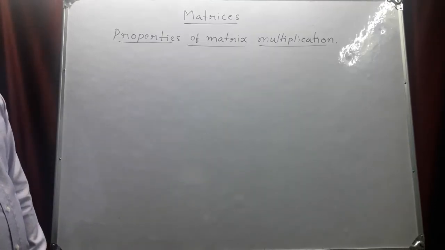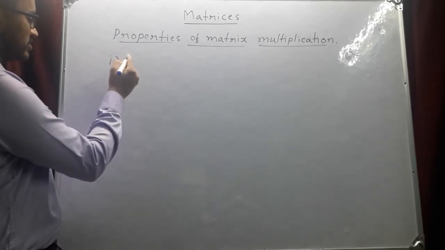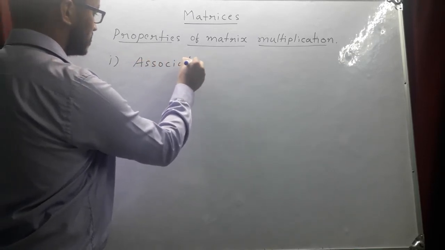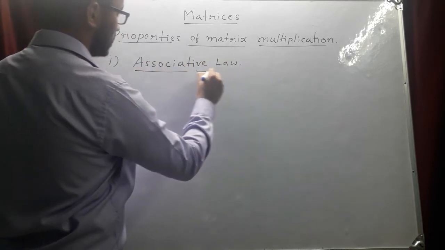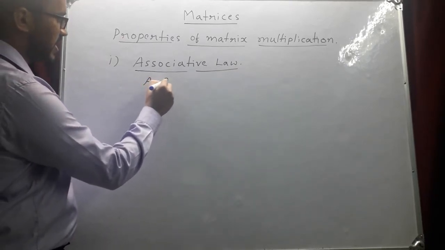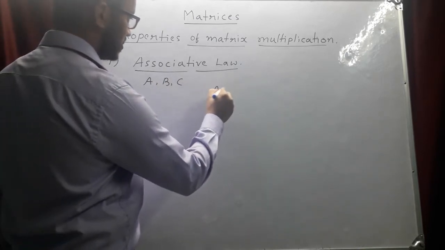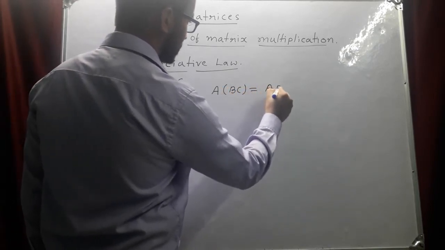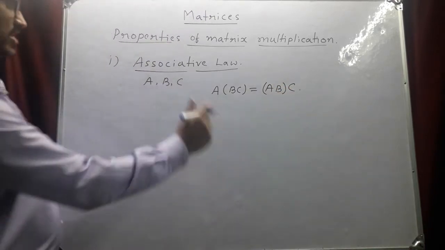Next, properties of matrix multiplication. First one, associative law. For any three matrices A, B and C, we have A into BC is equal to AB into C, whenever both sides of the equality are defined.